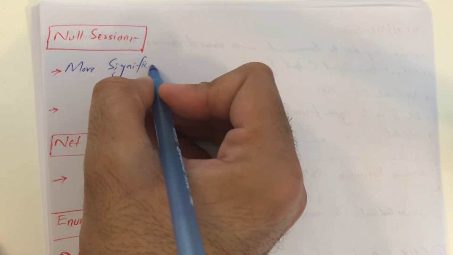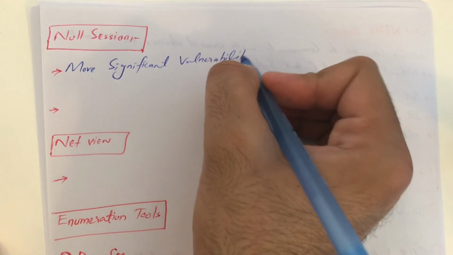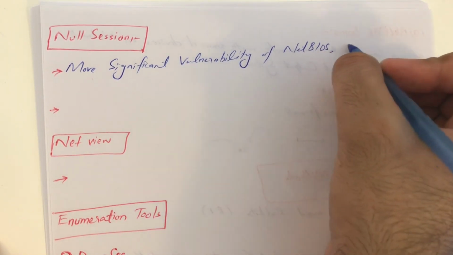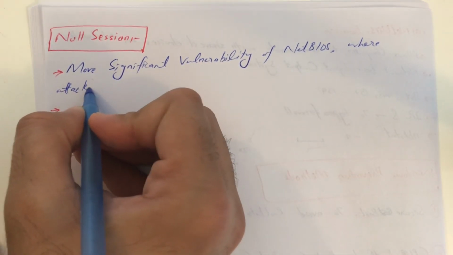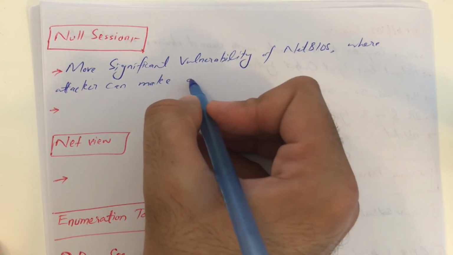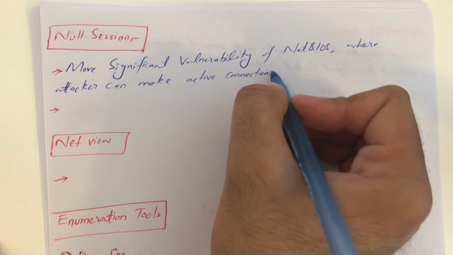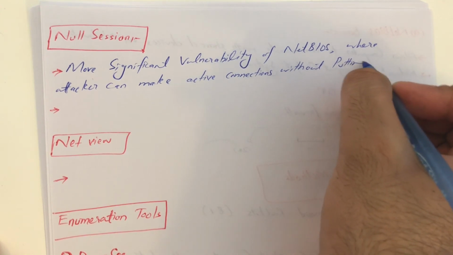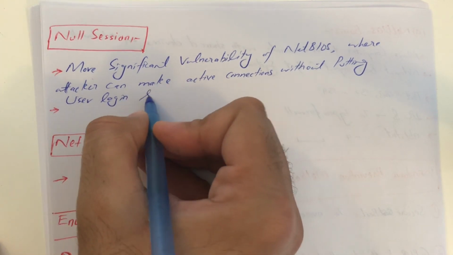So null session is a more significant vulnerability of NetBIOS, where an attacker can make active connections without putting a user login and password.